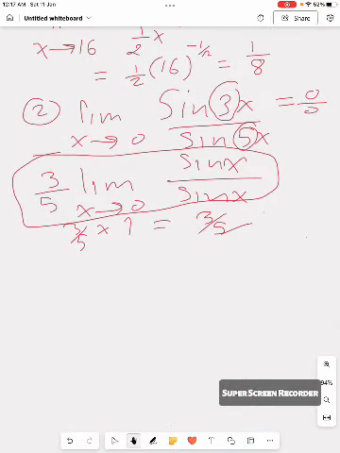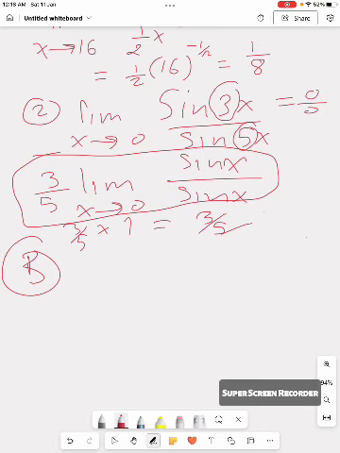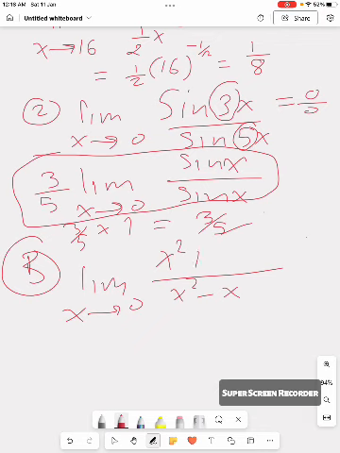Limit as x approaches 0 of x square minus x over x square plus x minus 2. So this one also, if you substitute directly, it will be 0 over 0.